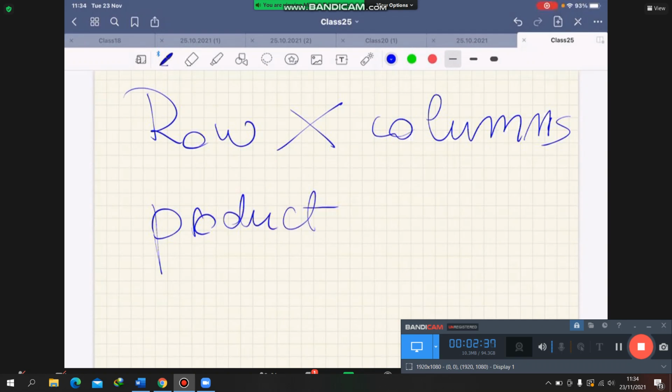Obviously, you could define other column by row product, but it's enough to define one product.